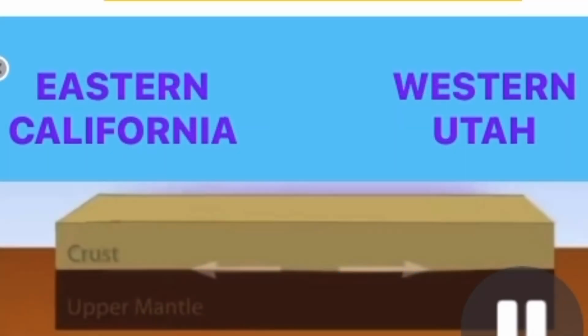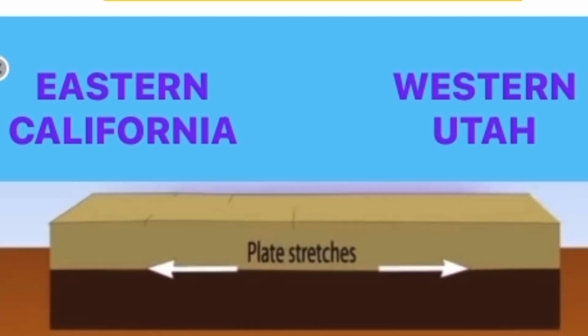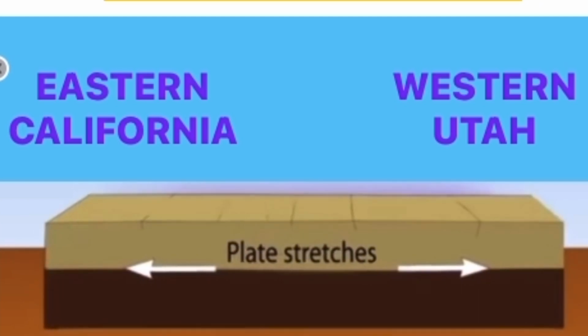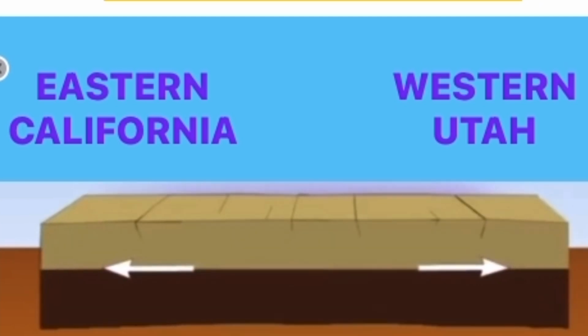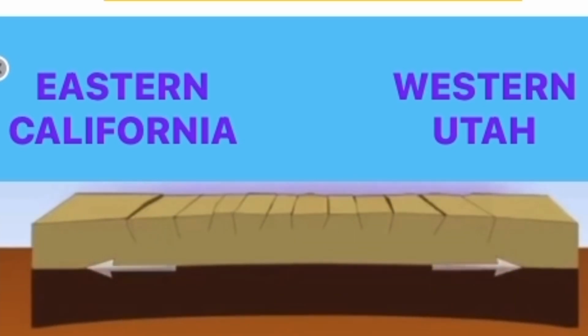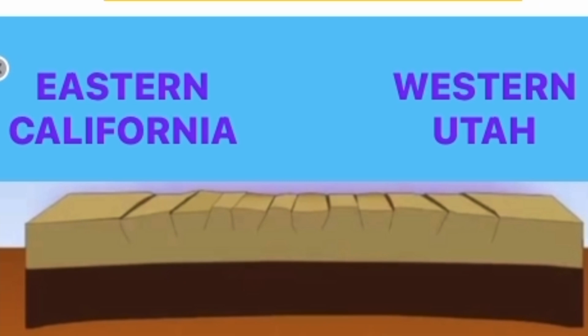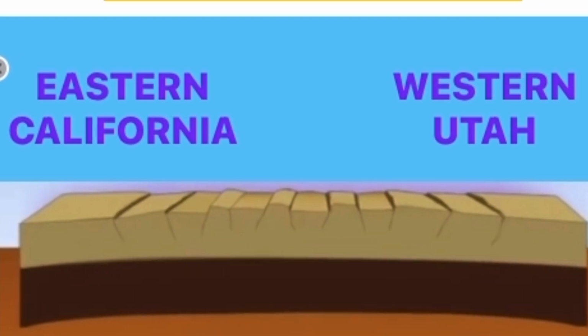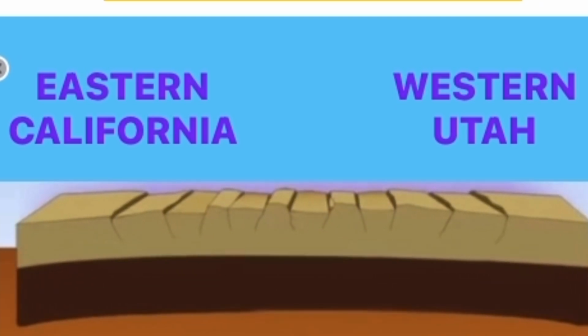As this part of the continent was stretched to nearly double its original size, huge cracks developed in the crust between what is now eastern California and western Utah. The cracks got wider and deeper, developing into block faults.